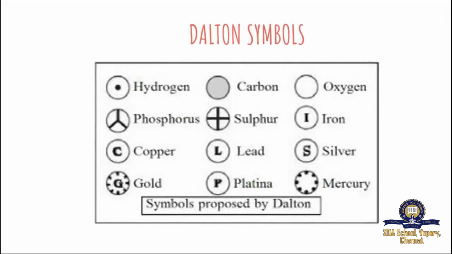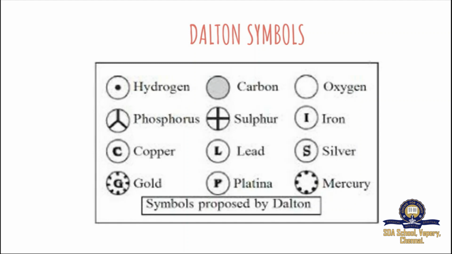For example, the hydrogen element was represented as a circle with a dot as center. Carbon was represented as a shaded circle. Oxygen was represented as a transparent circle. These symbols are difficult to draw, and hence they were replaced with an even better system of symbols.